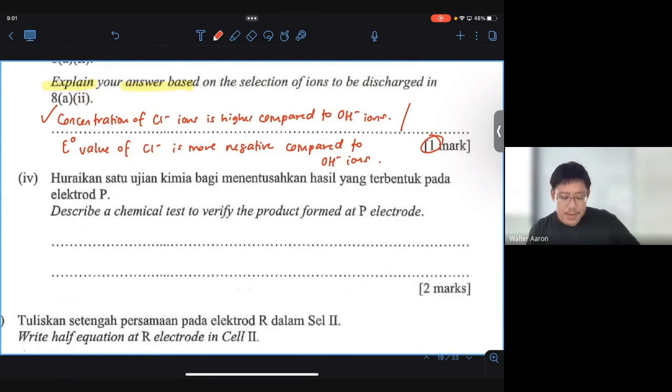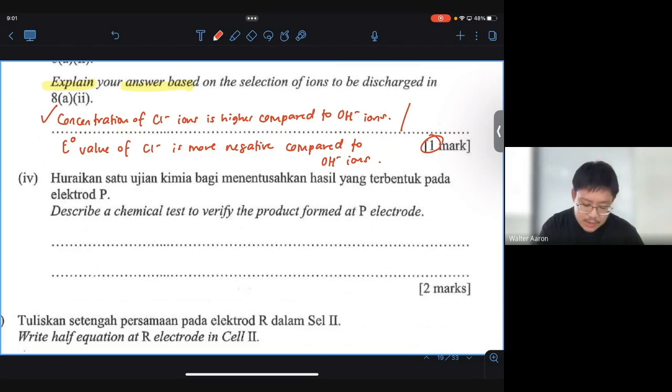Number 4, describe a chemical test to verify the product formed at electrode P. So same thing, you are trying to identify chlorine gas. The easiest way to test for chlorine gas is to use blue litmus paper, because chlorine gas is acidic. You put moist blue litmus paper, it turns red, and then bleaches. That's it.